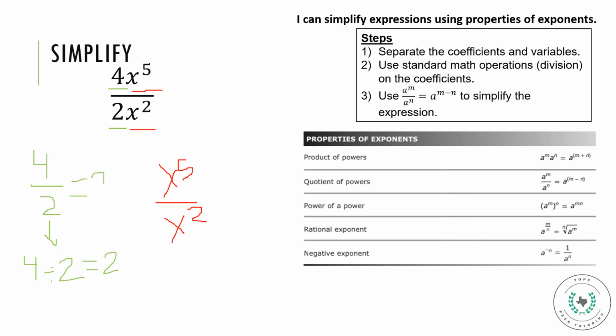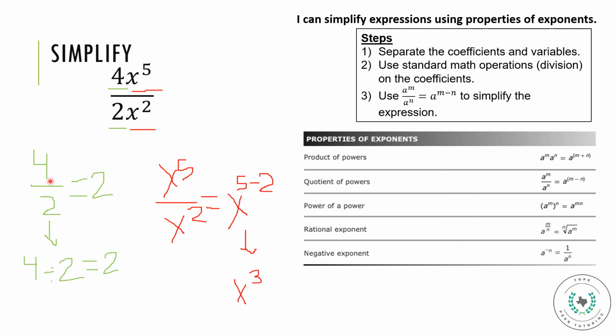It's just normal division. Isn't that easy? Now, for this one here, we're using those special rules again. We're bringing the x, and then we're doing the numerator's exponent, taking the minus sign, and then the denominator's exponent. So 5 minus 2, which will then give us x to the power of 3.